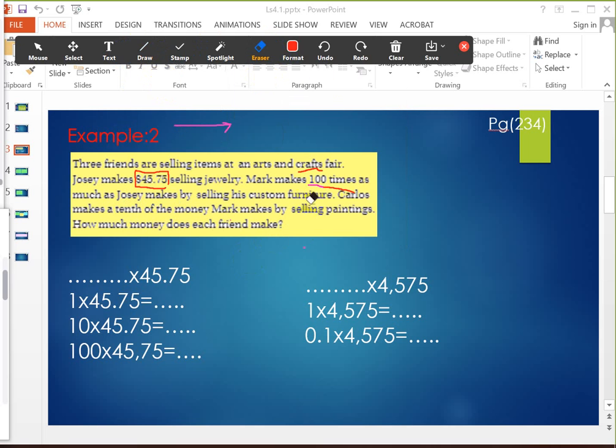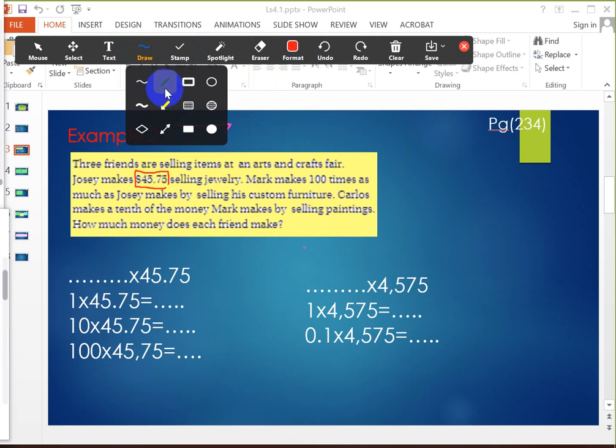Okay, so focus on the first one. So Juicy makes this amount of money, okay, and Mark makes 100 times as much as. I told you that means you have to multiply this amount of money by 100, right?